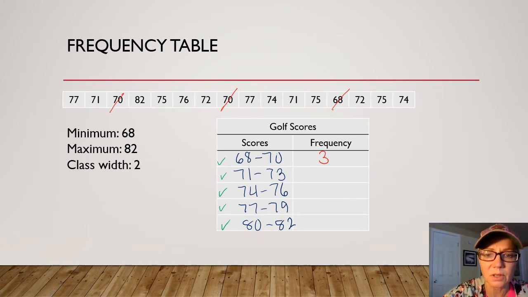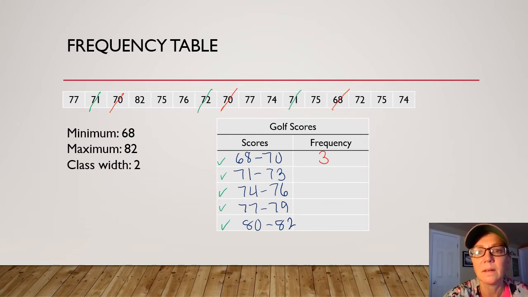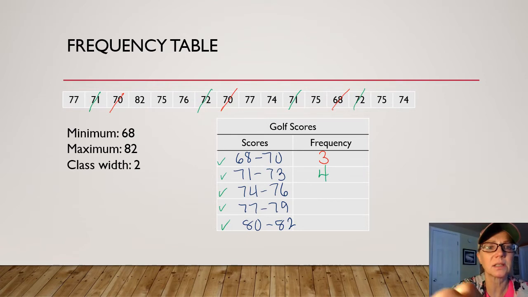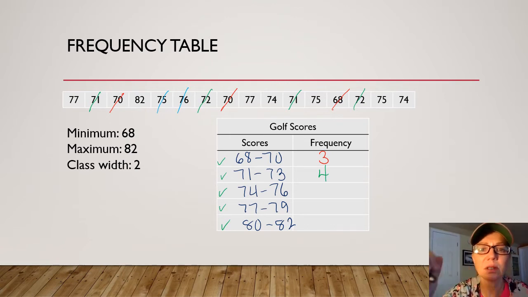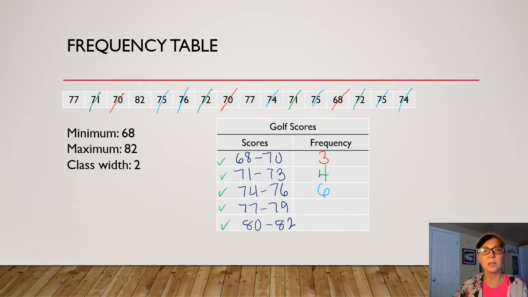Actually, I'm going to use a different color just in case I lose count. 71 to 73. 1, 2, 3, 4. 74 to 76, 74, 75, 76, that's 2, 3, 4, 5, and 6. There are 6 scores in that class.